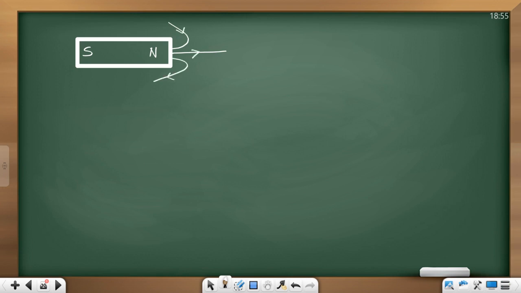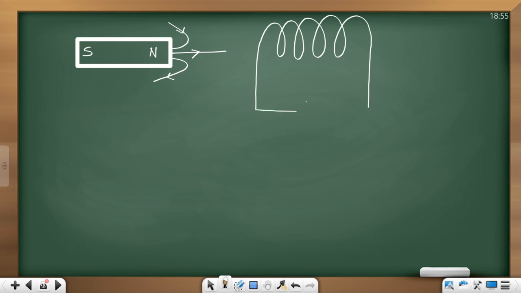That's a magnet. That's the first magnetic field that we have. All right? Now we are going to have a coil. And we have a galvanometer, okay, that deflects to show the direction of the current in the coil. Now, let's quickly explain what happens.